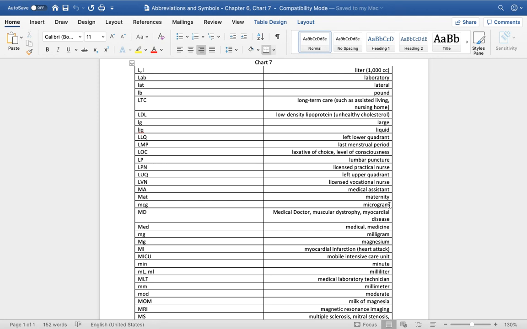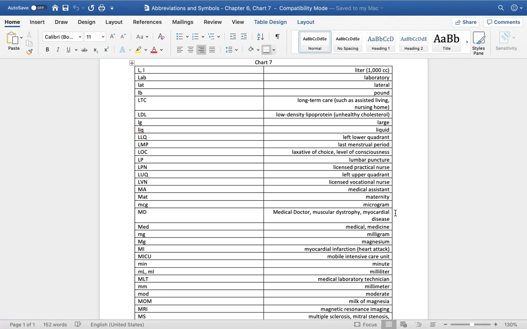Microgram. This is a very, very small portion of a gram, which is a unit of measurement of mass. And we can measure some drugs in micrograms, especially when a very little bit goes a very long way. MD, now I posted a video on muscular dystrophy, so I hope you've referred to that. There's a few different types of muscular dystrophy, but ultimately they lose control of their muscles, and it can happen over a very long period of time.